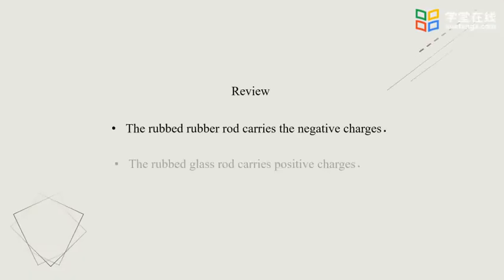Let's review the facts of this experiment again. When the rods are rubbed, they will be electrically charged, suggesting the rod carrying extra electric charges, and net charge on the rods is no longer zero. As a result, the rubbed rubber rod carries the negative charges, and the rubbed glass rod carries positive charges.